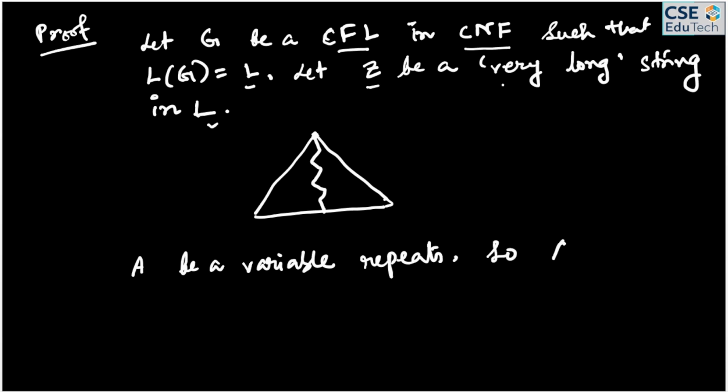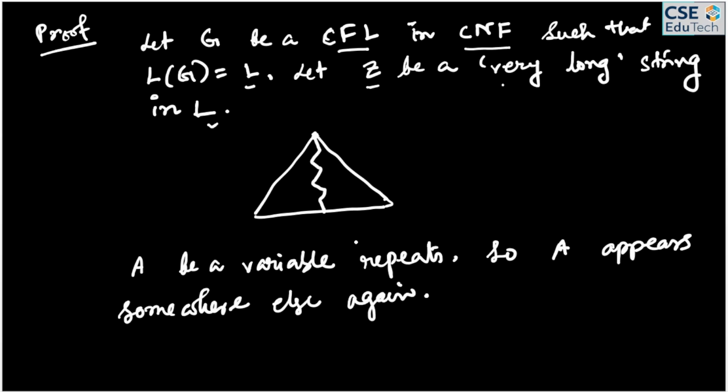So A appears somewhere else again. Suppose this is A; within this longest path, this A is basically a variable that repeats. So A appears somewhere else again, and suppose we assume that it appears here within this path.